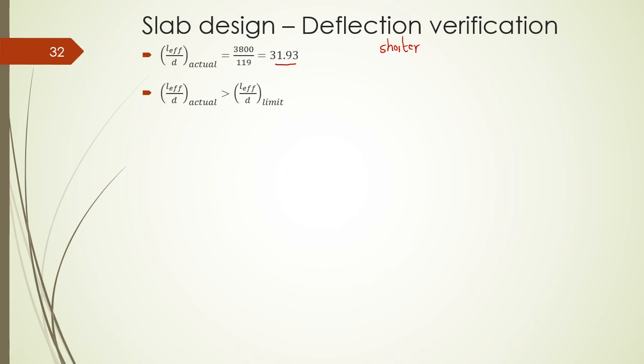In our case, since our actual span to depth ratio, which is 31.93, is greater than our span to depth limit, which was about 26, then we can see our slab is not adequate in deflection.